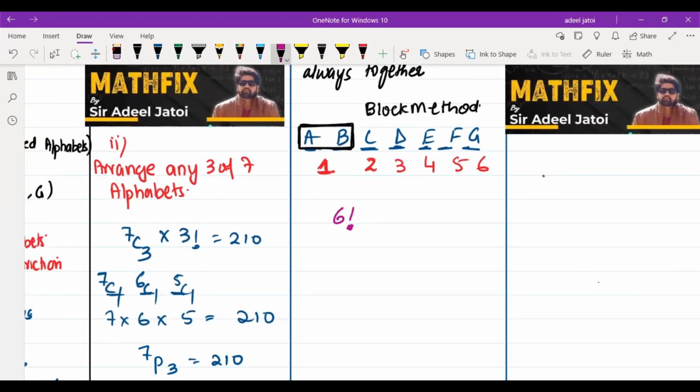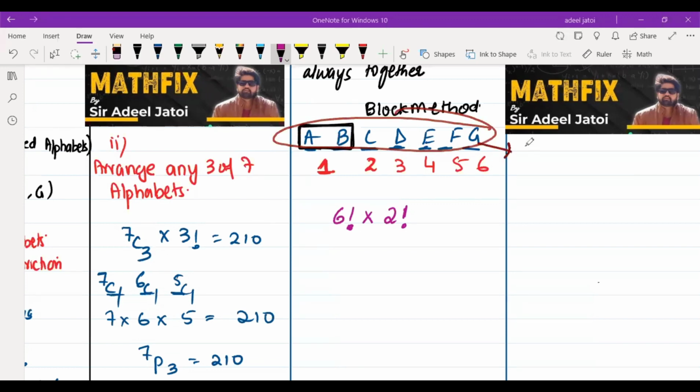But if you just notice one thing, there are 2 alphabets inside the block as well. So we will be applying 2 factorial inside the block too. These 6 things will be arranged again and again, and these 2 inside the block will be arranged with 2 factorial.